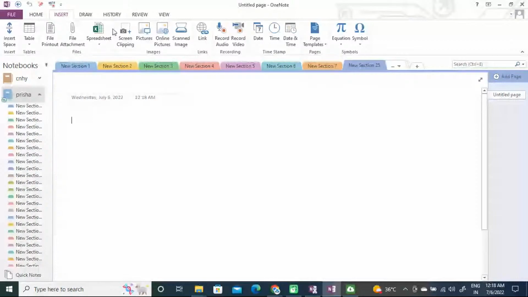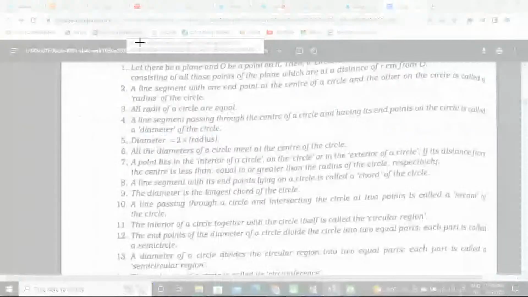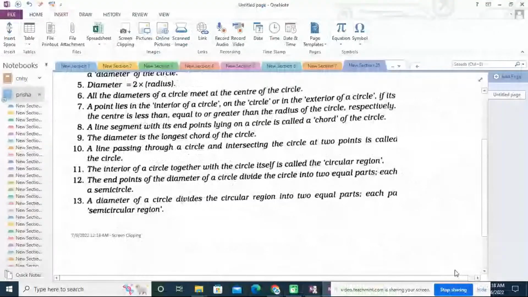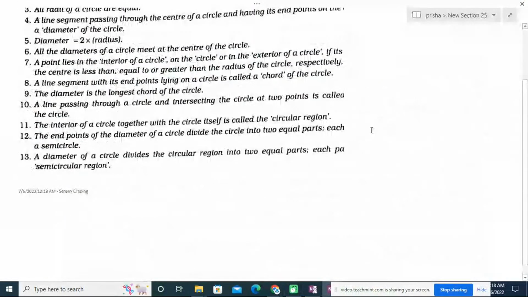You have to remember different definitions. I am marking them.